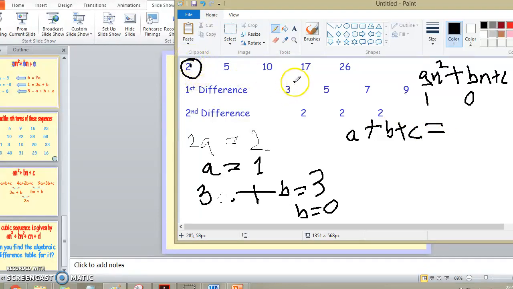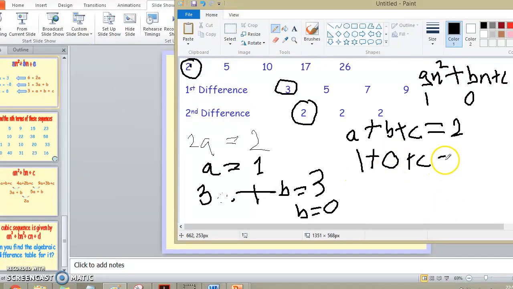So this is 2 here. Now I have the value of a as 1, plus 0, plus c gives me 2. So c is equal to 1. So now I've got my a, b and c.